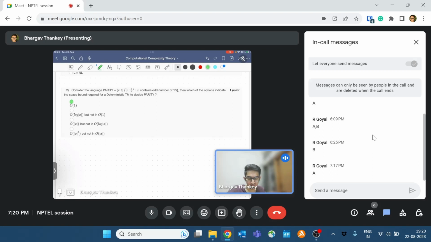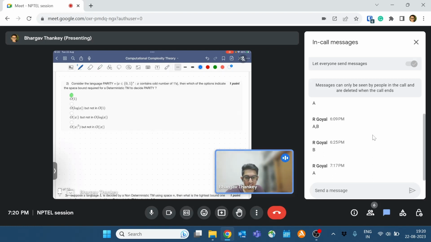Another way to see that parity is in O(1): for parity, you don't even need this automaton thing. That is a very simple thing. I'm going to write an algorithm that is just going to simulate a very particular automaton. The algorithm is this: store a bit P on the work tape, initially one.